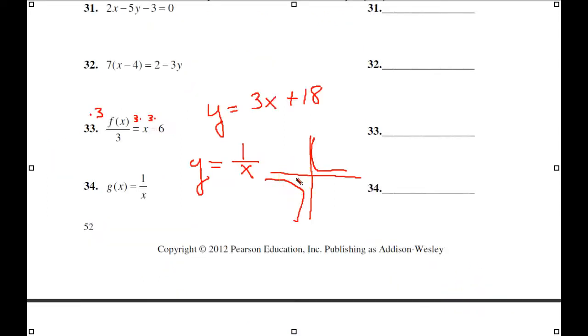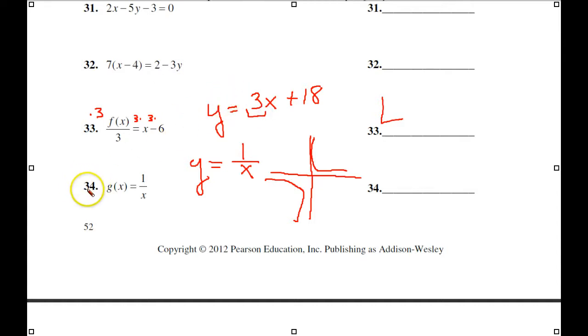Now to wind up this section, which was quite challenging, we see in number 33 that in order to get this in slope-intercept form, we have to multiply both sides by 3. And here the 3's cancel out, and we get this. So that is linear, and the slope is a negative 3.